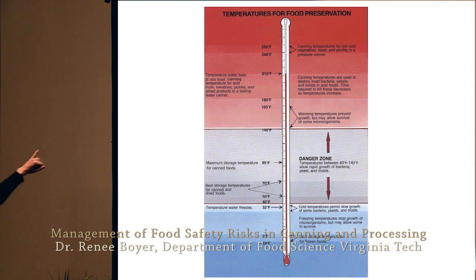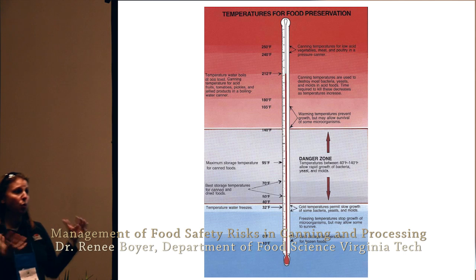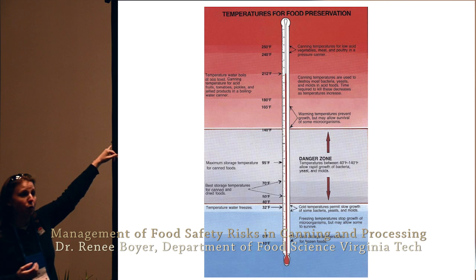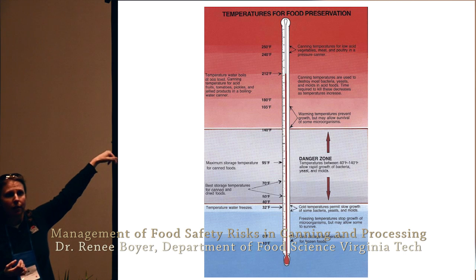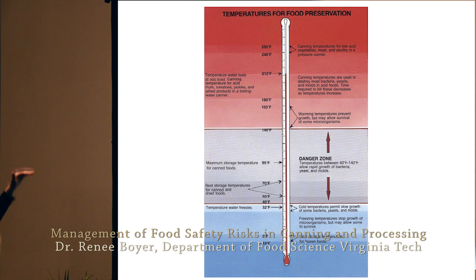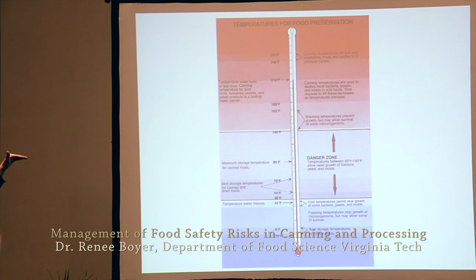So you process those under pressure, and when you add pressure, you can make the temperature higher, typically between 240 and 250 Fahrenheit. And the reason for that is all because of Clostridium botulinum. That's kind of how you determine how you process your food.